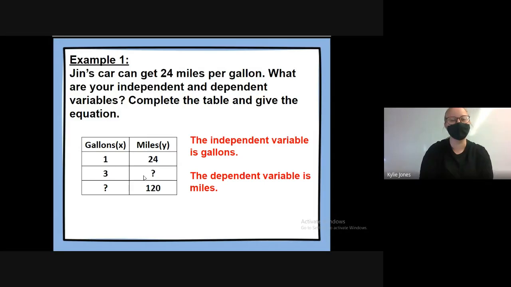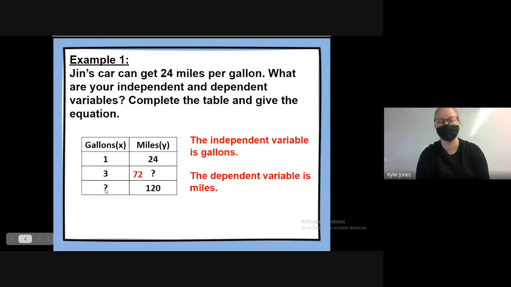So the independent variable is gallons. The dependent is miles. If we fill up 3 gallons, it's going to take us 72 miles. How do we figure out this missing one? 120 miles, but how many gallons is that? Divide. Good. 120 miles divided by 24.